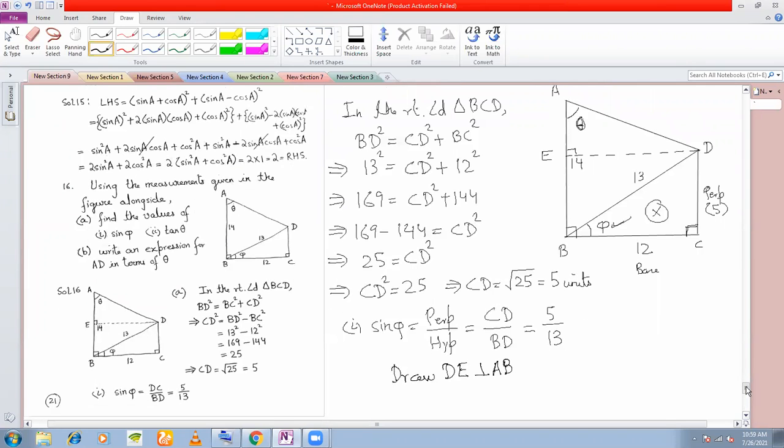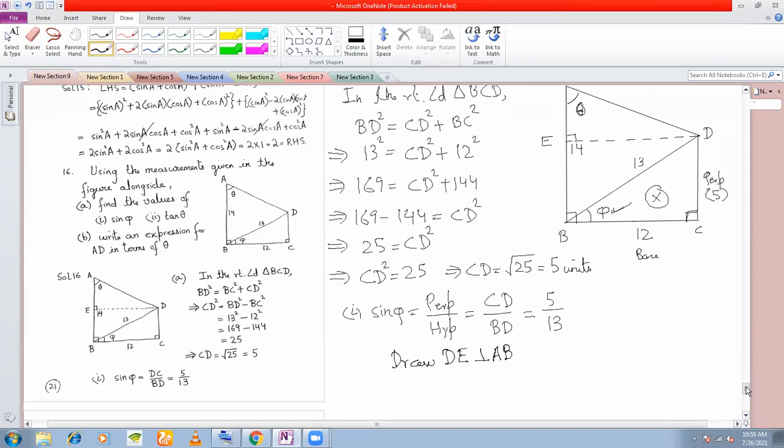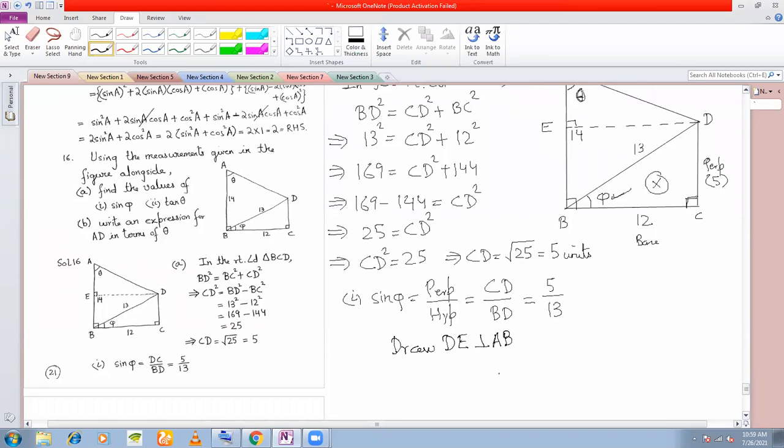So draw DE perpendicular to AB. So I've done this. So what are the lengths here? DC, or CD, and EB lengths are the same. This is 5 units.